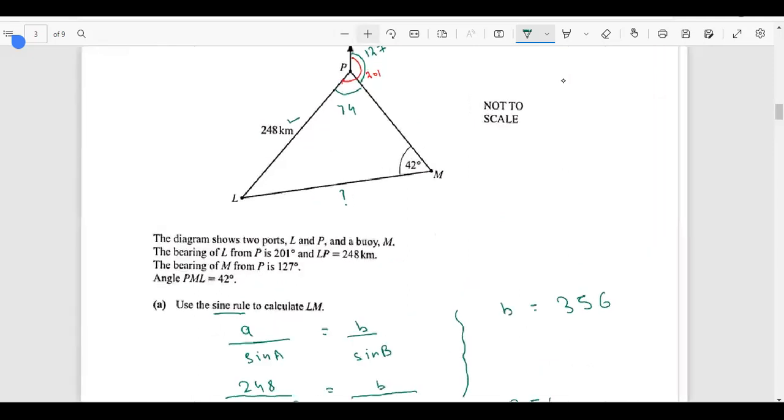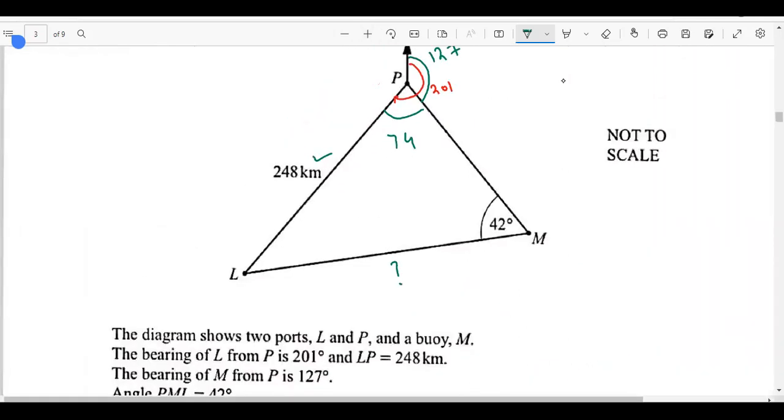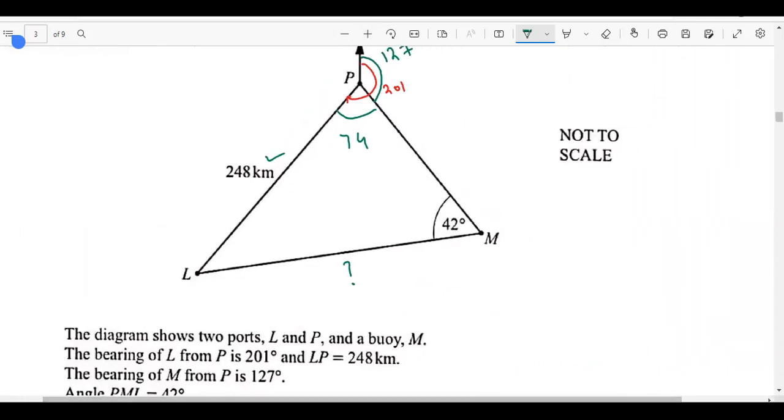Now we are looking for the shortest distance from M to LP. So this would basically be a line that is perpendicular to LP and it's touching M like this. So this is a triangle again, and this is a right angle triangle.